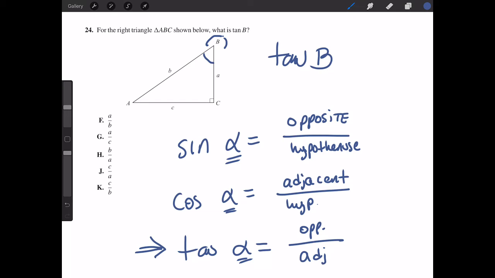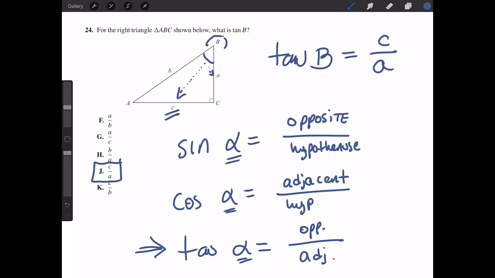So what's the opposite side to the angle? It's C. So side C divided by the adjacent side. Adjacent side to the angle is, of course, to this angle, is A. So C over A. And that means that J is correct.